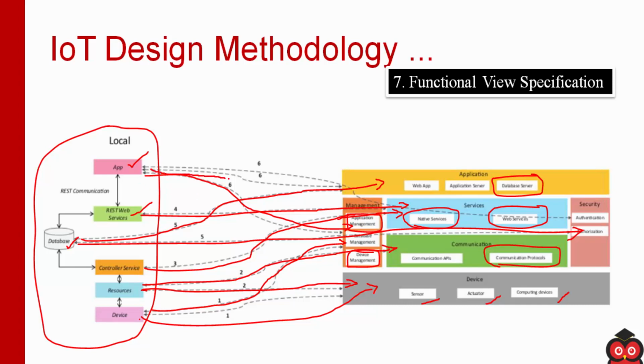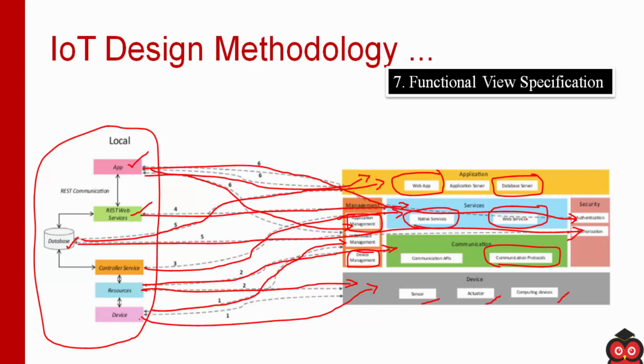Okay, and it is also linked to application because we are developing a web application, that is the interface through which the user will access everything. And then we need security for the application. Okay, username and password will be provided for logging in, so that's why it is also linked to security functional group, right? So this is about functional view specification, in which we take the IoT level specification and map it to the functional groups.